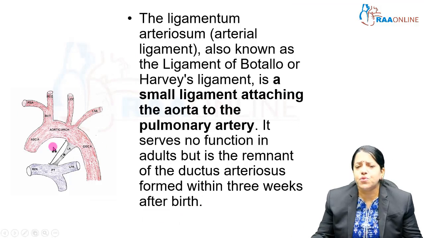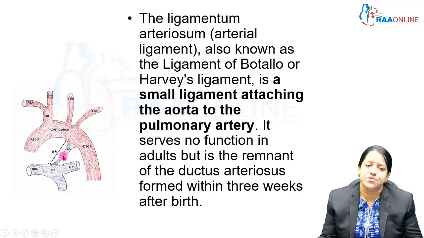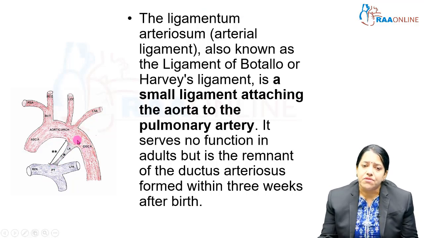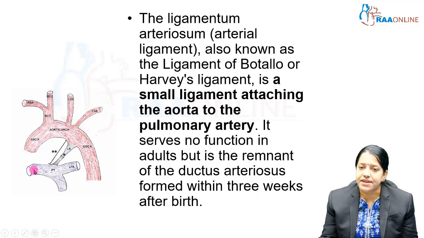Now coming to one important structure which we can ask you in the spotter: the ligamentum arteriosum. This is a connection between the arch of aorta, inferior to the arch of aorta, and the pulmonary trunk. It is a ligamentous tissue in adults, but in the fetus, when it is in utero, the lungs are not functioning.